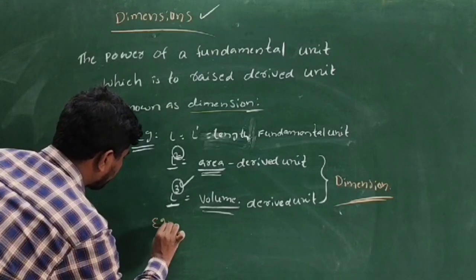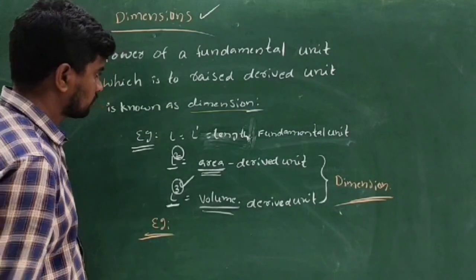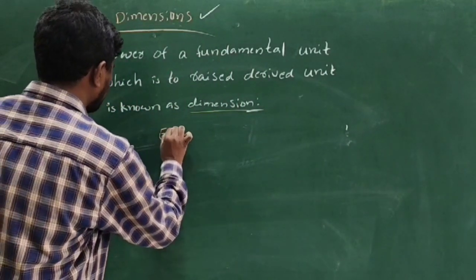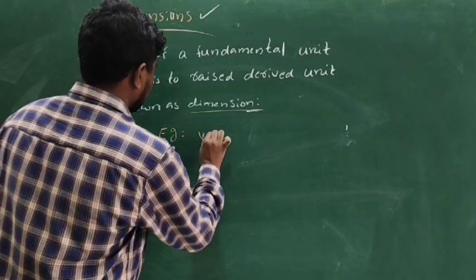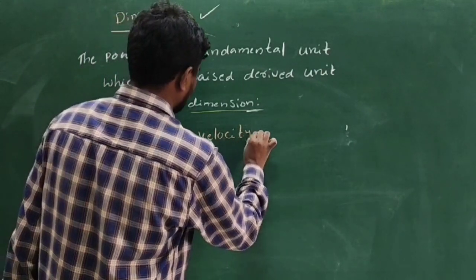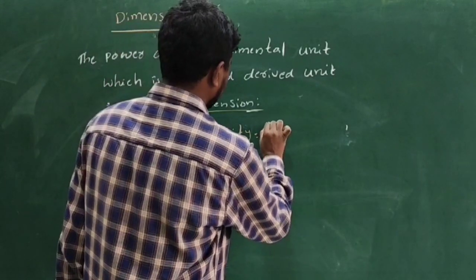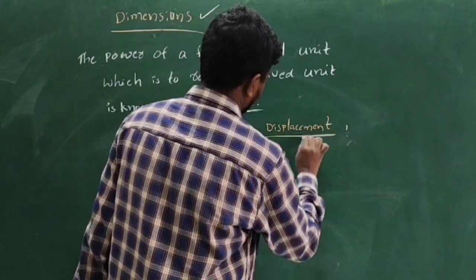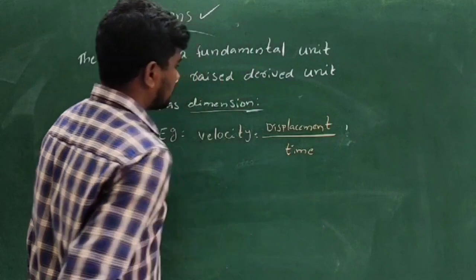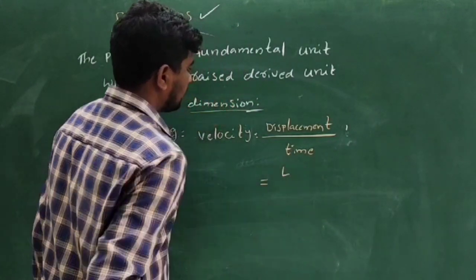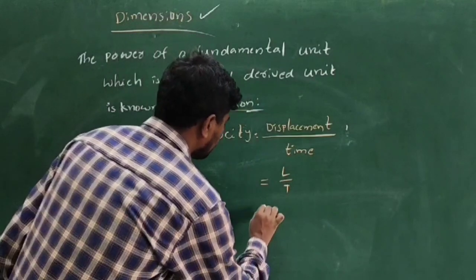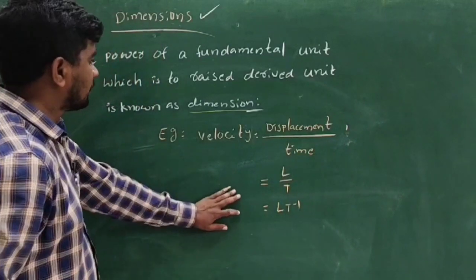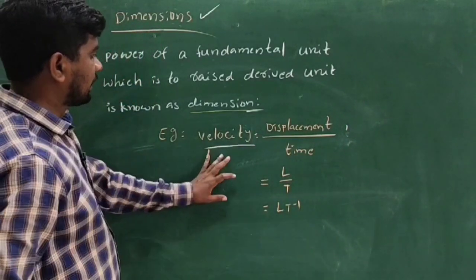Next example: velocity is displacement by time. Displacement means length L, and time is T. So L T to the power of minus 1. What is the dimension of velocity?